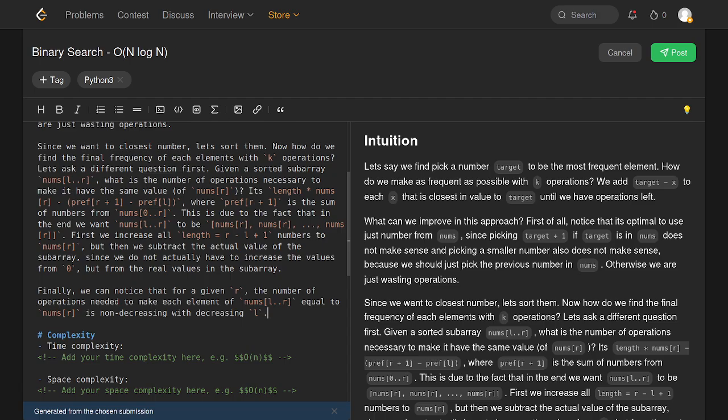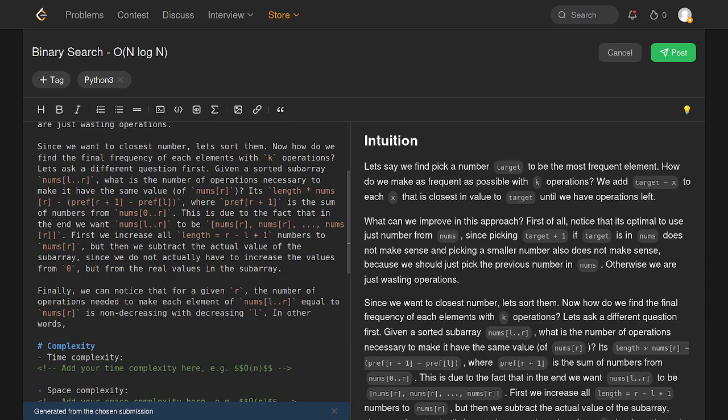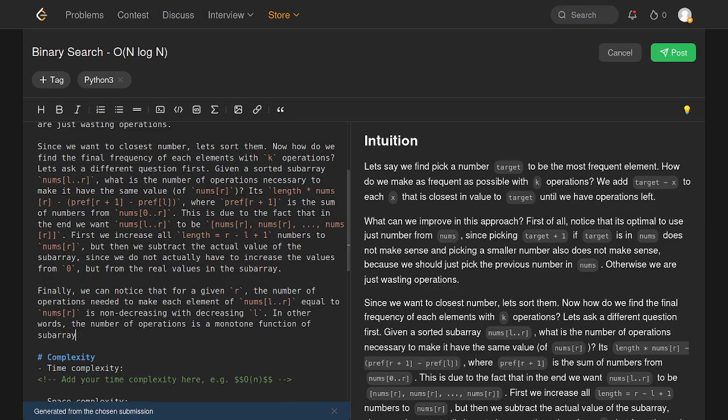So in other words, the number of operations is a monotone function of the subarray index L.